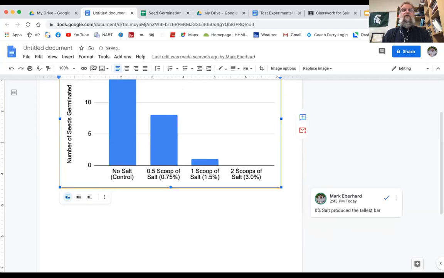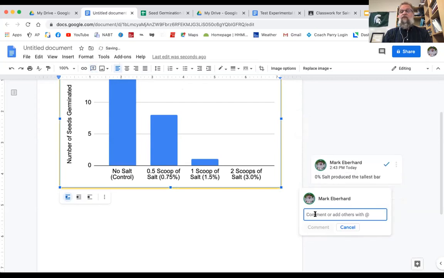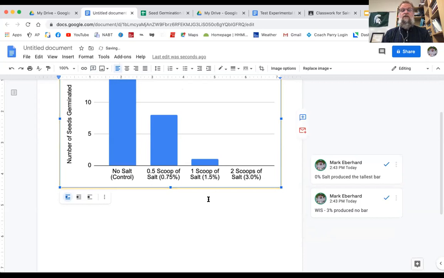That would be one thing I could add. I could then add another comment. So I want to do at least 3 of these. I should probably identify these as the whiz. 3% produced no bar. You want to find 3 or 4 things you can notice.